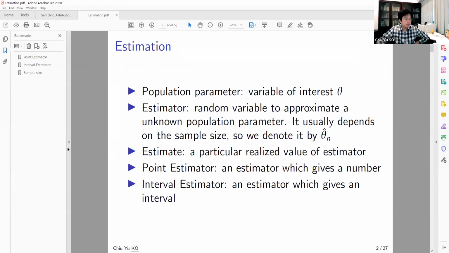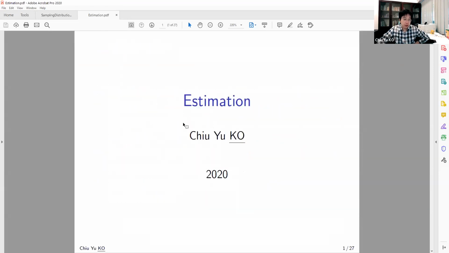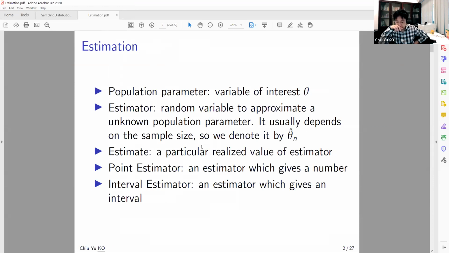So let's get started. Estimation is trying to guess, right? So what are we trying to guess? Can you see the slide? What we are actually guessing is something about the population.